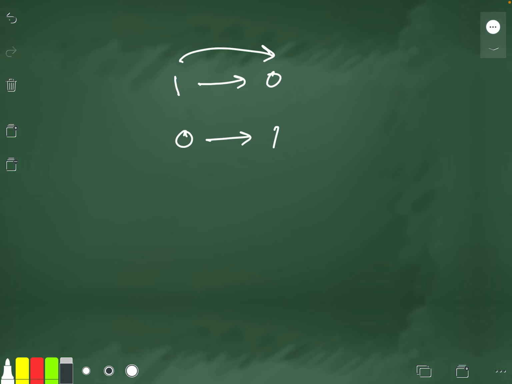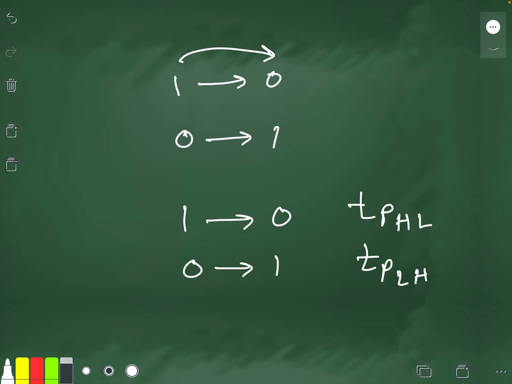This time is called propagation time, TP, and the signal is changing from 1 to 0. 1 means high and 0 means low. So it is called TPHL, that is high to low propagation time. And this time is small, and 0 to 1 is a rather longer time, TPLH.